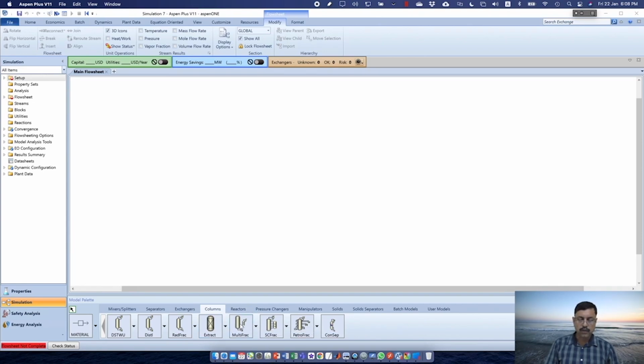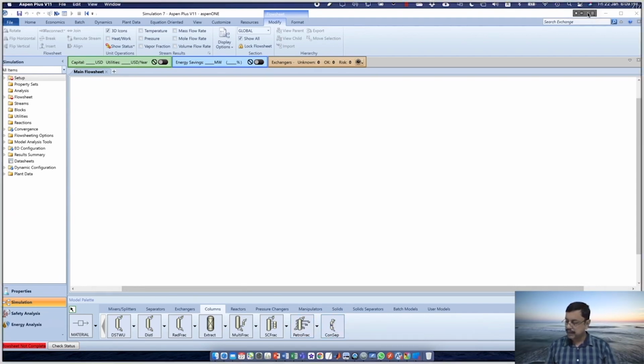And we have 4 more. The first one, MultiFrac, is rigorous fractionation for complex columns such as crude units. The second one, SCFrac, is shortcut distillation for complex columns such as crude units and vacuum towers. The third one is PetroFrac, that is rigorous fractionation for petroleum refining applications such as pre-flash towers. And finally, it is Conceptual, which performs feasibility and design calculations for distillation columns.